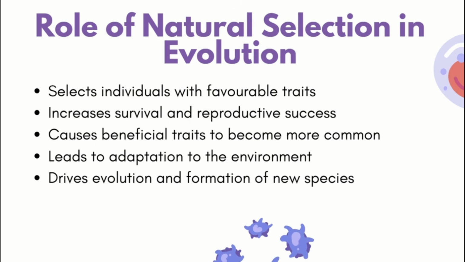So if you have 100 organisms and only 10 of them in that population have the favorable traits, then only the 10 are going to survive and the other 90 are going to die. Those 10 are going to reproduce and their offspring are also going to have the favorable traits that they had, right?